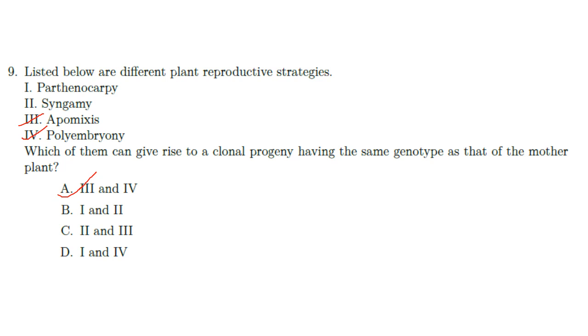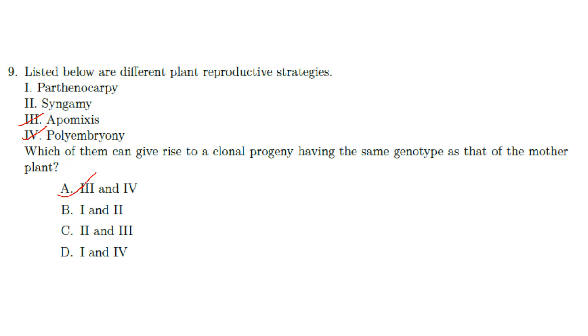It does not produce progeny that have the same genotype as that of the mother plant, but it produces genetically identical offsprings. Offsprings will be genetically identical, but they will be different from the genotype of the mother. So parthenocarpy cannot be the option.